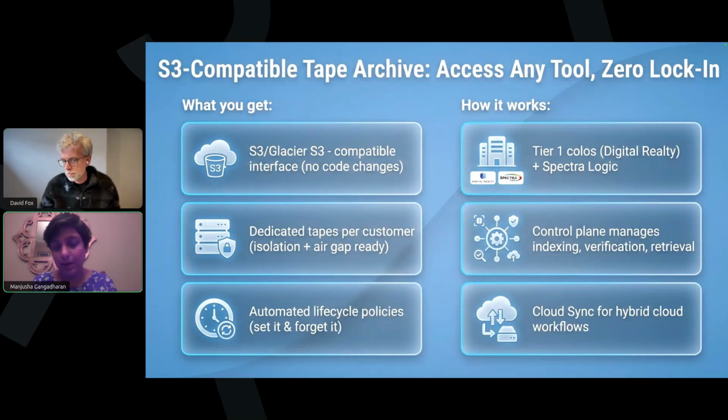We also have something called Cloud Sync, and this is meant for hybrid cloud workflows. It will listen for a bucket that you have allocated within your cloud storage, say AWS or Wasabi or OCI. Anytime there is a change in that bucket, it'll automatically crawl through that bucket and replicate the changes in Geyser Data. If you delete something there, we don't replicate that.